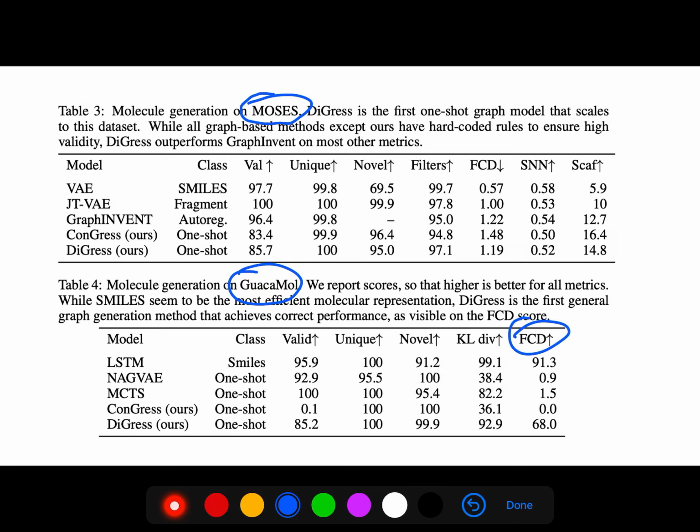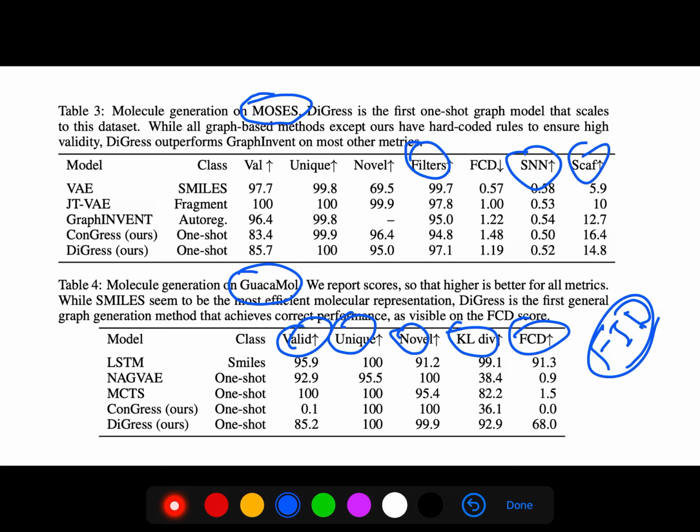And you see FCD, for example. In computer vision, we use FID, Fréchet Inception Distance. For graphs, we use uniqueness, novelty, KL divergence, validity, filters, SNN, scaffold, so many measures. They did it for MOSES.